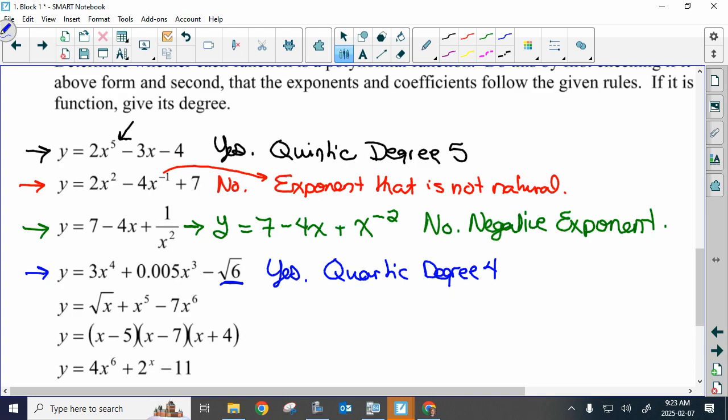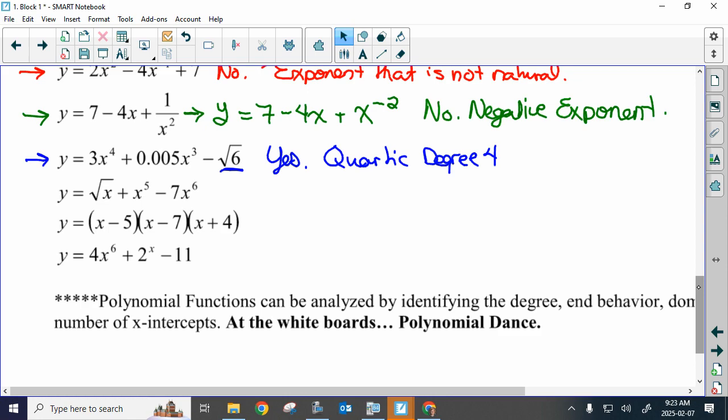Okay, looking at the next one, do you guys think that that one is a polynomial? Guys, how do we work with that square root of x in a meaningful way?